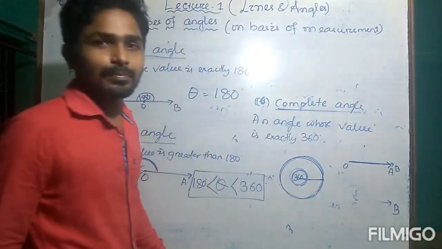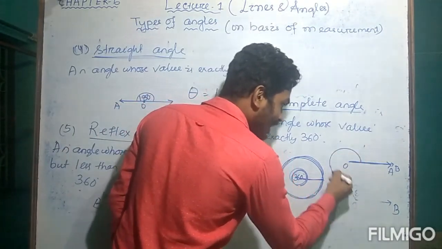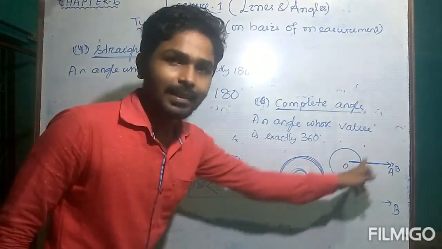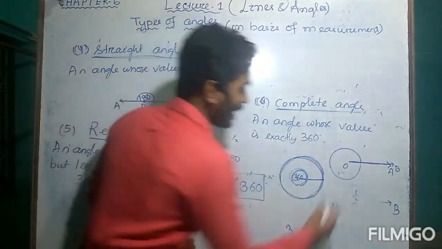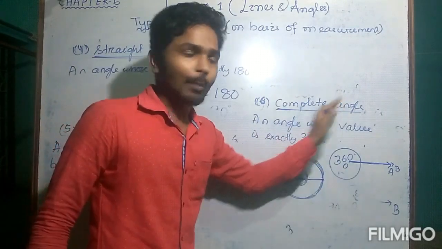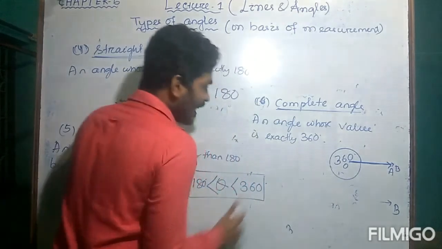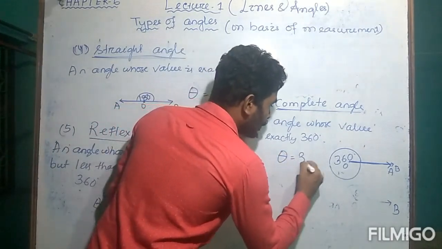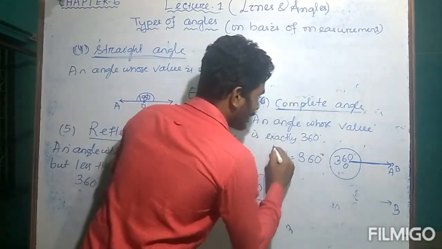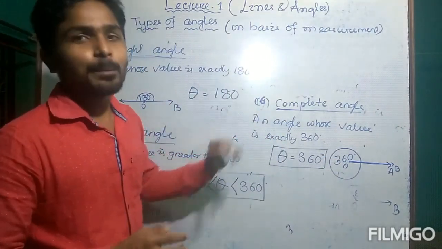Then according to the definition, they will form an angle in between them. This is the angle formed by these two rays. Now they will form an angle of 360 degrees, and it is known as complete angle. So you can write theta for the complete angle to be 360 degrees. Understood? So these are the 6 types of angles on the basis of measurement.